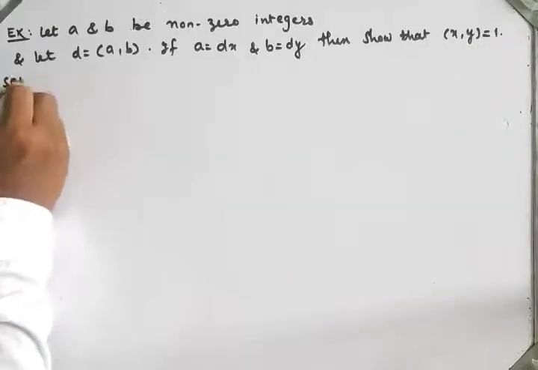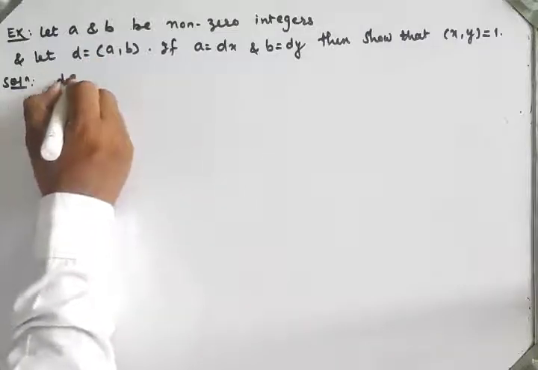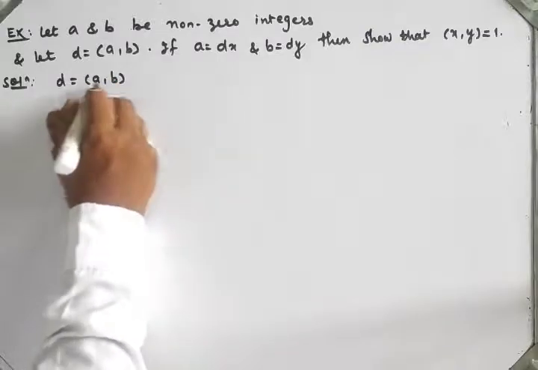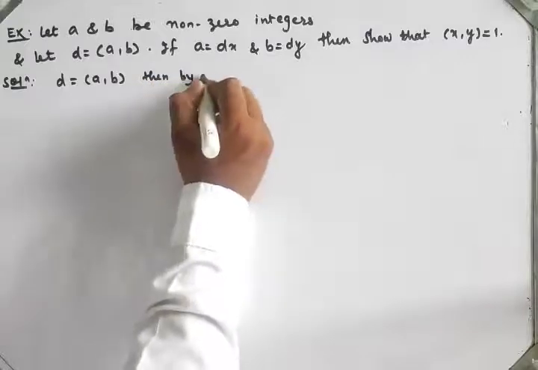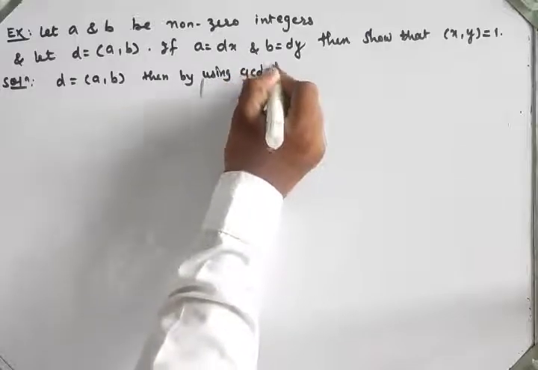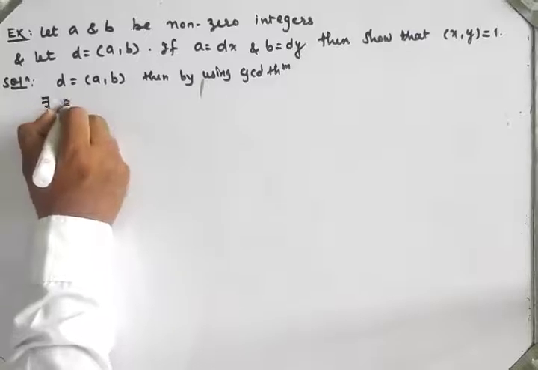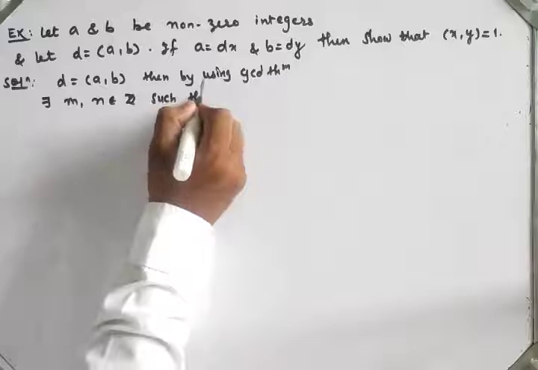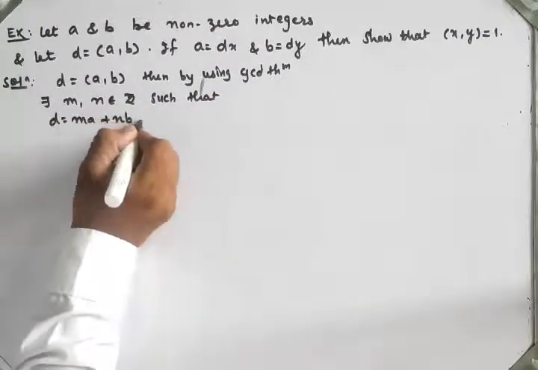So solution. So we are given a and b are integers, and d is the GCD of a and b. So if d is the GCD of a and b, then by using the GCD theorem, what do we have? There exist m, n belonging to the set of integers such that d is equal to ma plus nb.